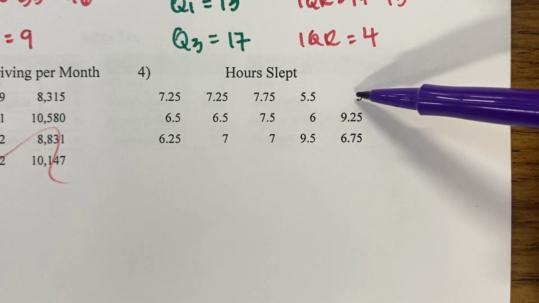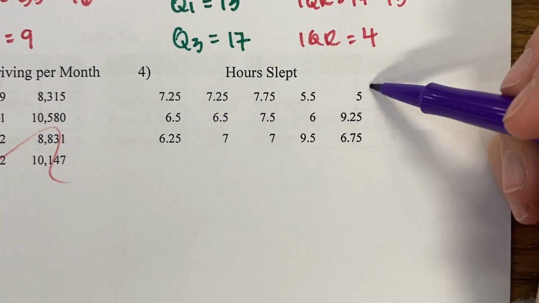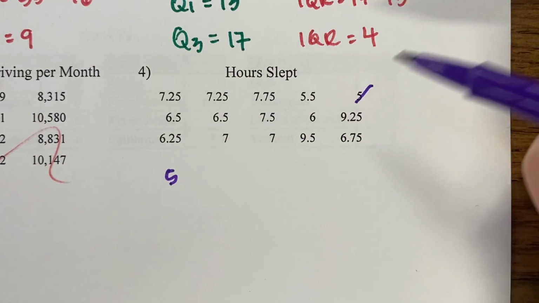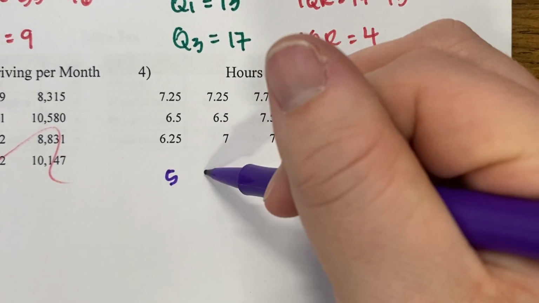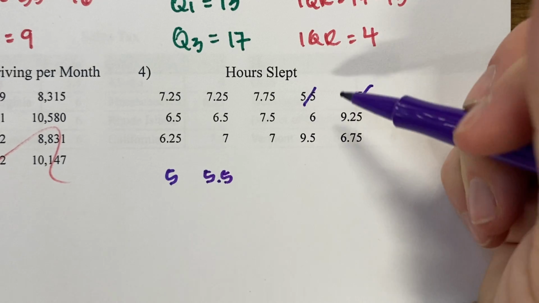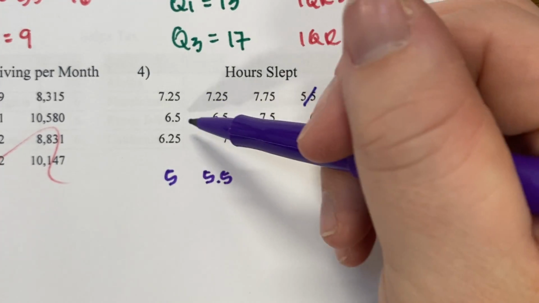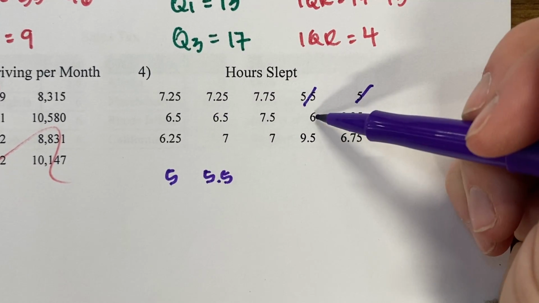Okay, so let's see, 5, anything less than 5? Nope. So we have 5, 5.5. Next I would have 6.